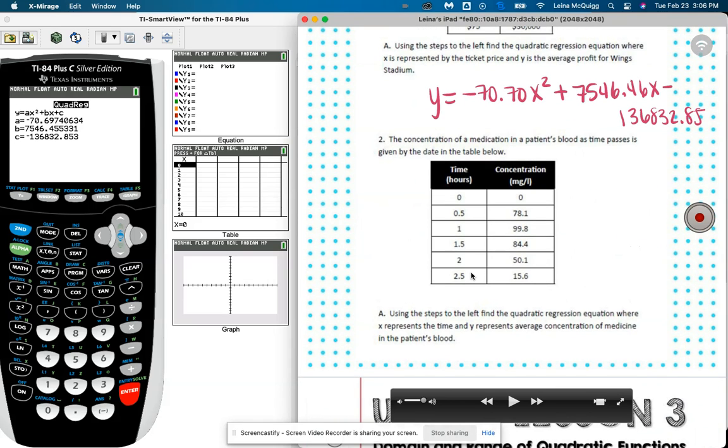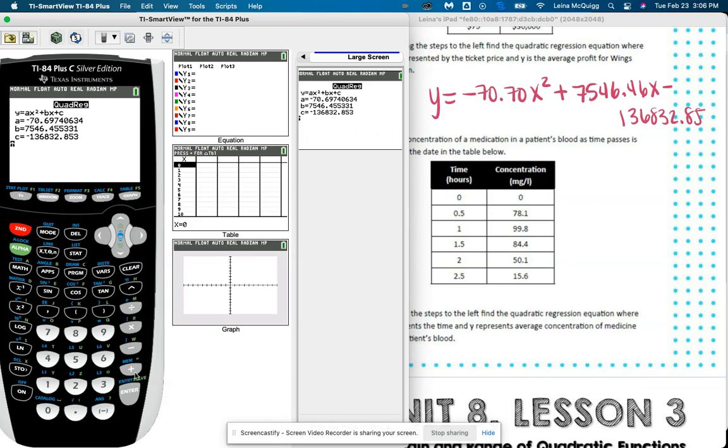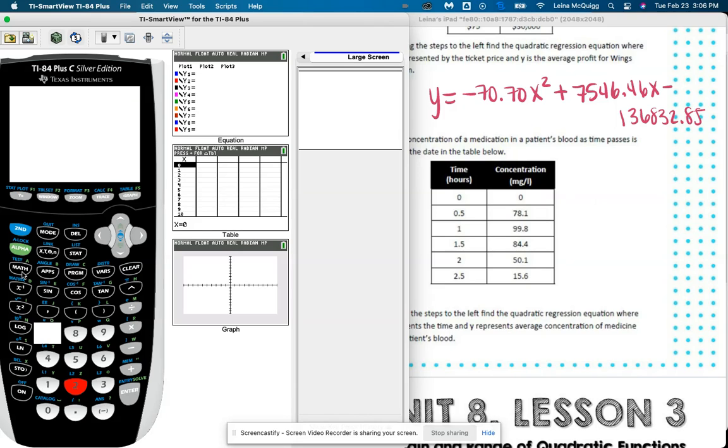All right. Then we have number 2. We can do the same thing. So every time you do this, you want to clear out your calculator. So second plus 7 1 2. And we're going to go stat.